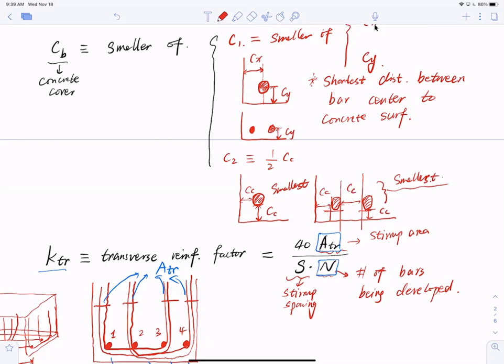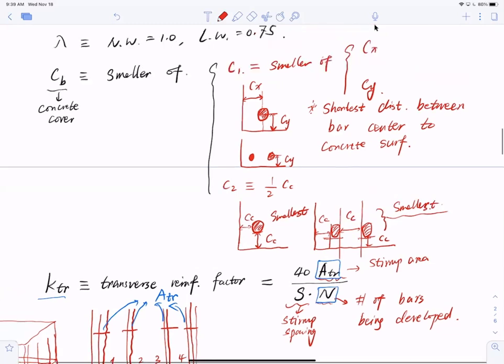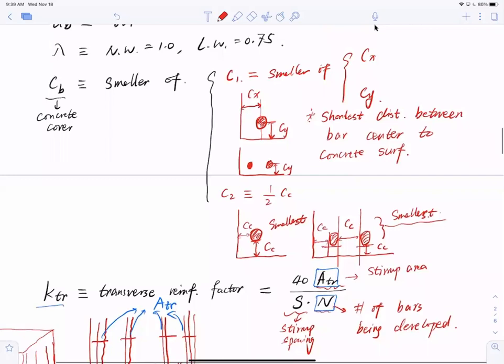And then for the Cx, Cy up above, we don't consider Cx for the middle ones? Yeah, in the middle ones, you don't really consider Cx and Cy. The reason behind it is that for this C2, this is essentially a so-called group effect. That means you have multiple bars.